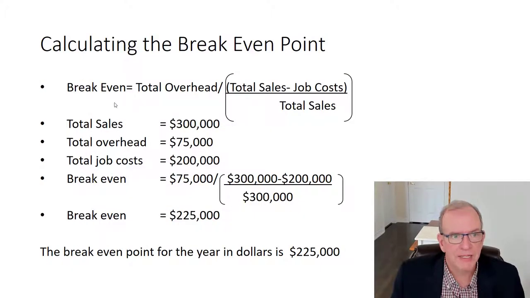So if we take an example here where we have some numbers, total sales 300,000, total overhead 75, total job costs 200,000, break even. So we plug all the numbers in. The break even point is 225,000 for the year in dollars, right?